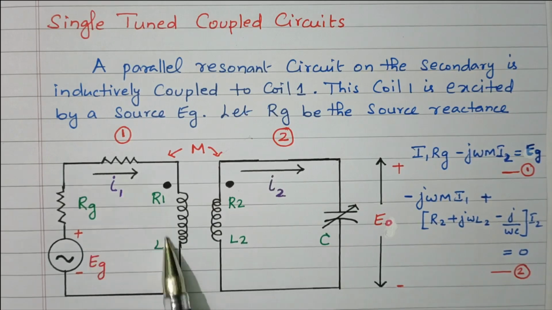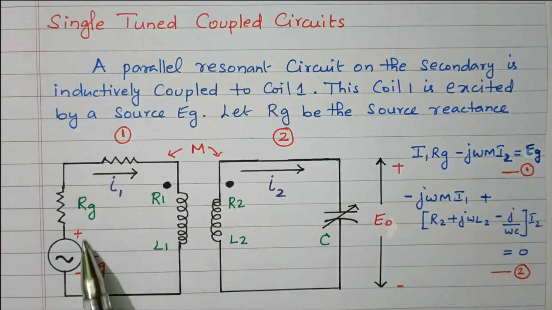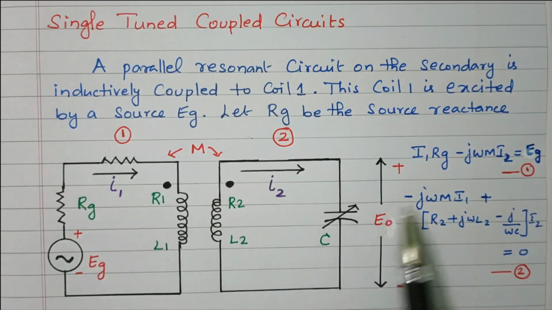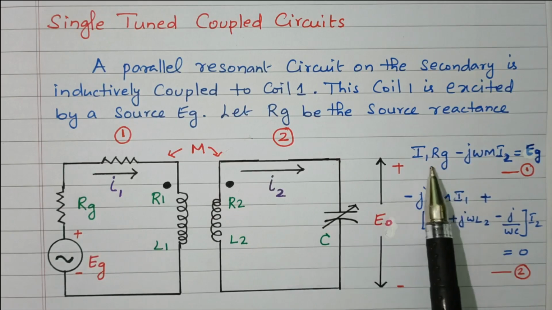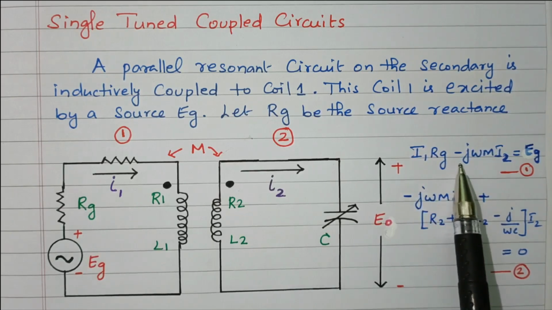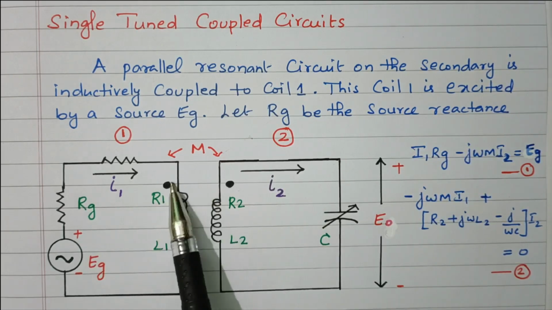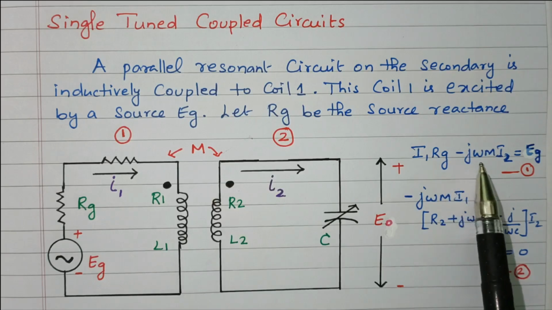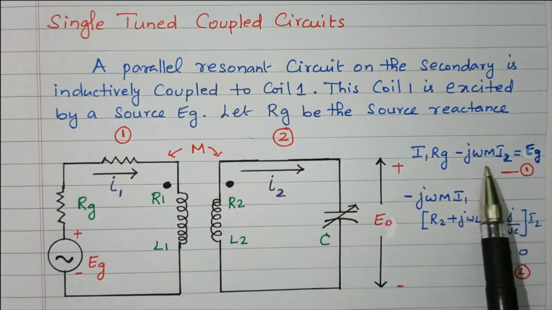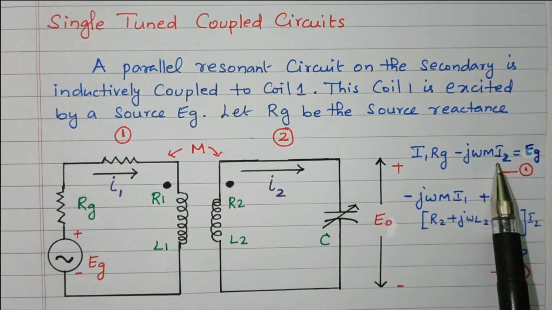Voltage rise equals voltage drop. So in coil 1, Eg equals I1 Rg, minus, because the mutual inductance and self inductance are opposing each other, j omega M I2. So I1 Rg minus j omega M I2.